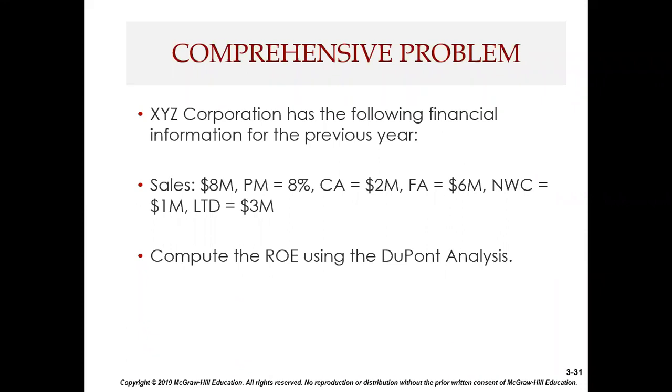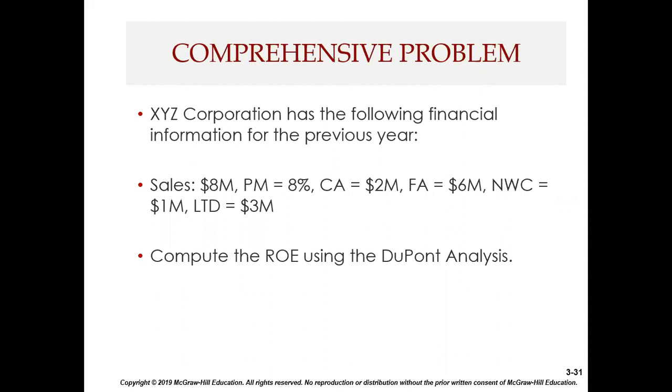That's 8 million as well. Okay, so that'll be 1. Then multiply that by the equity multiplier, which was back on page 61. That's total assets divided by total equity.